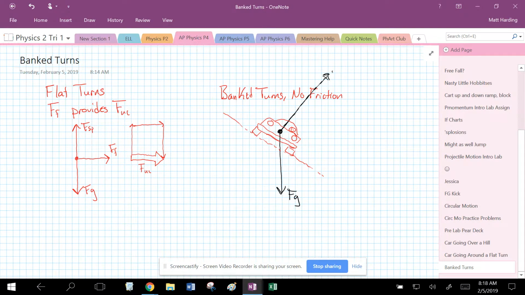And again, you saw in that one clip how compressed the springs, the suspension of the car was as it was going around the corner. So this F_N is going to be a little bit greater than it would be on flat ground, okay?